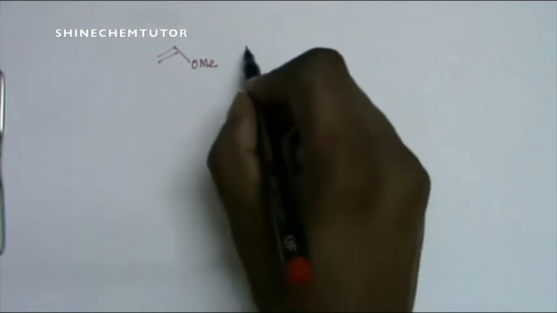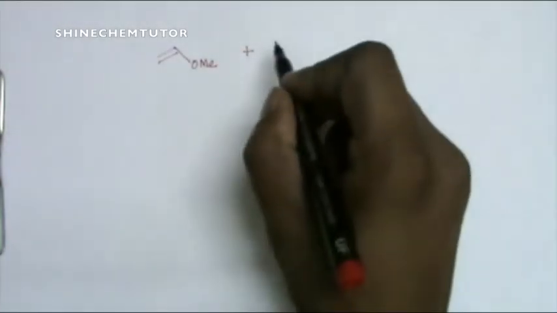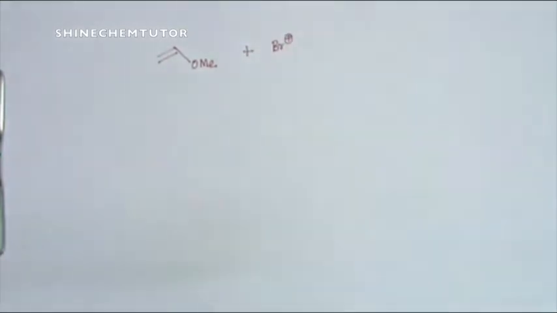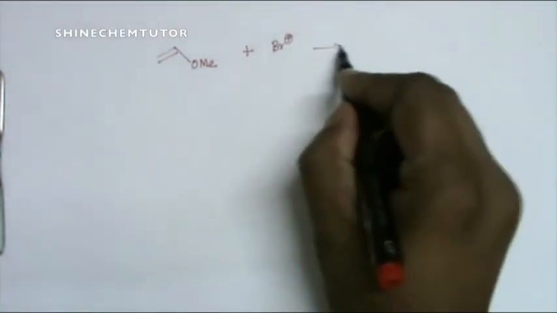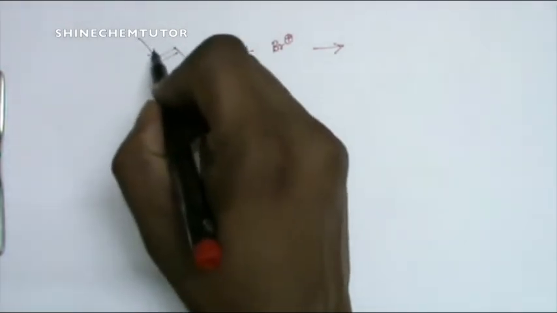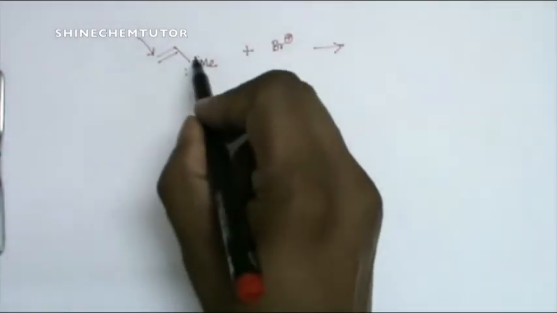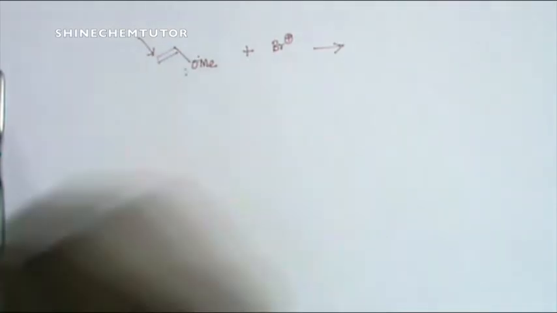Second one, let's go for an alkene with an electron donating group. If I add some electrophile like Br plus, the Br plus will be added to the beta carbon, because due to resonance I get a minus charge on this carbon.